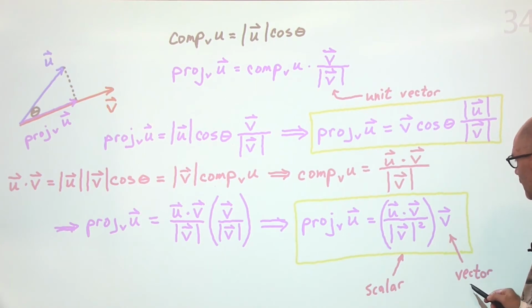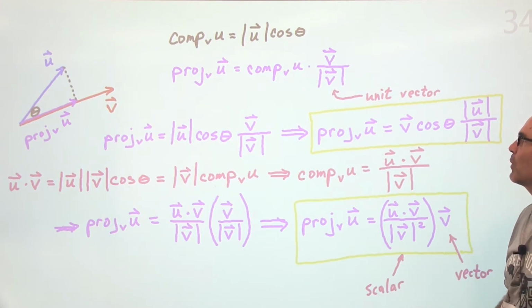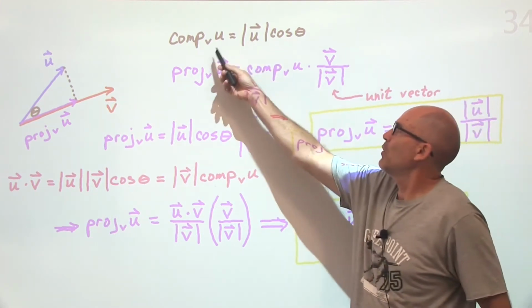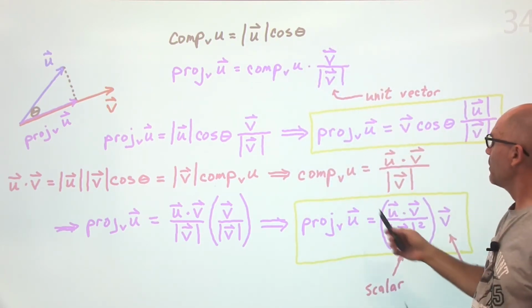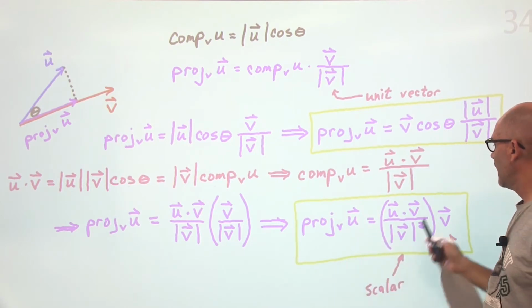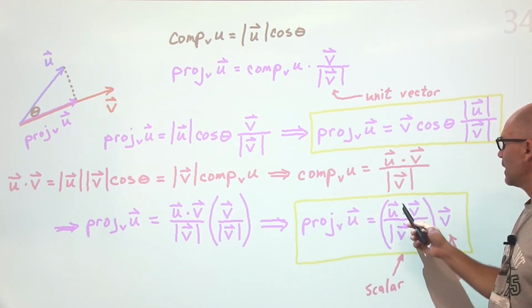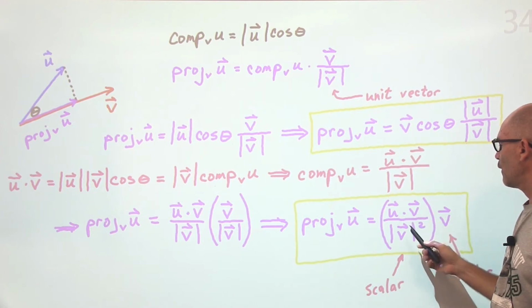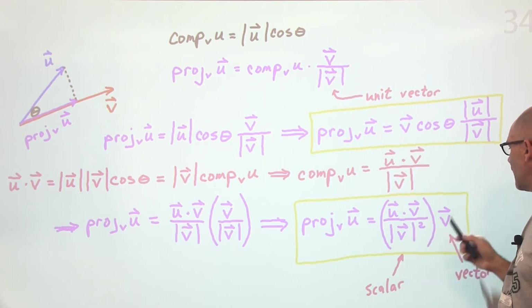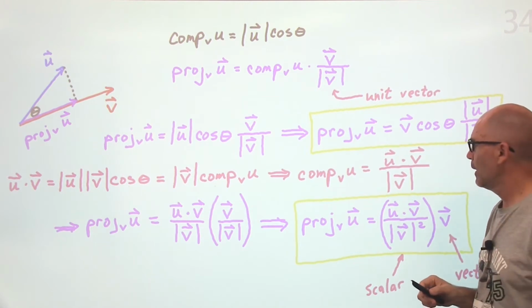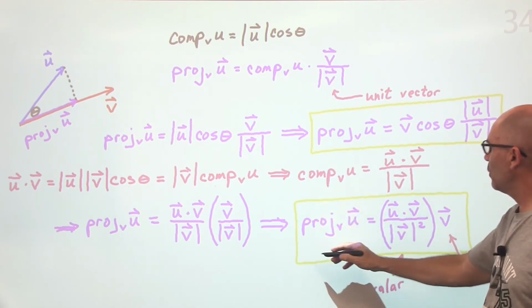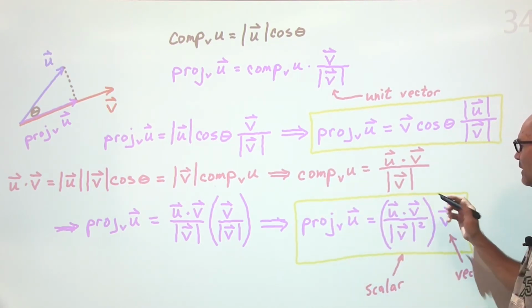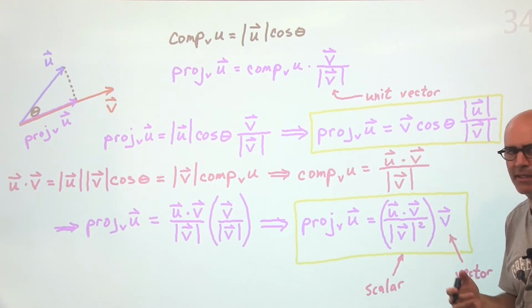Now vector v is a vector, so it's a number times a vector, which makes a vector, which is what we were saying in the first place: the component of u along v is a scalar quantity, a plain number, but the projection of u along v is a vector quantity because it's u dot v over the magnitude of v squared times vector v. So this all looks really complicated. The thing is, if you really memorize this yellow box, it becomes pretty simple.